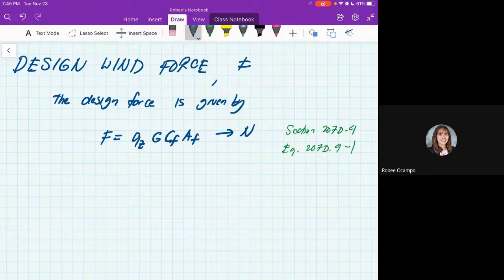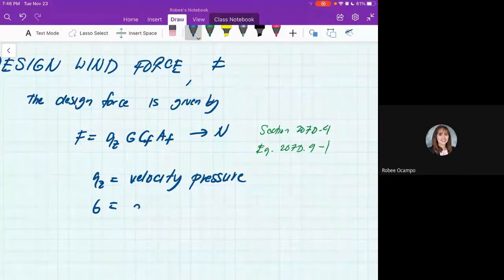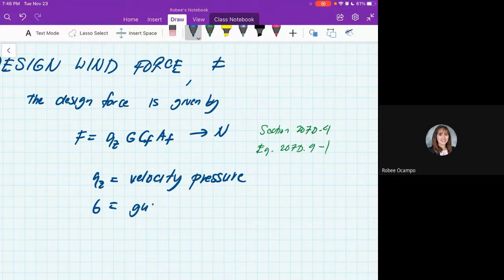Okay, so I will just rewrite the given variables for our QZ. Again, that's the value for our velocity pressure. Our G is the gust effect factor.